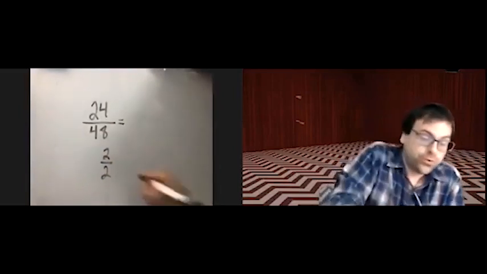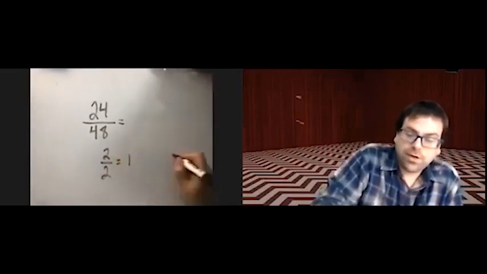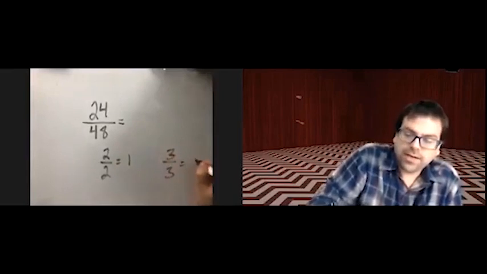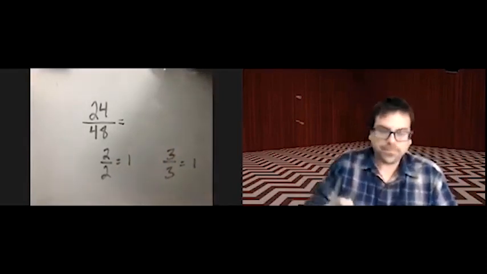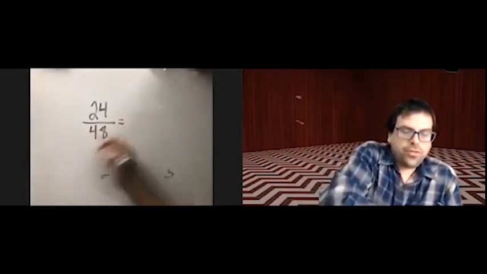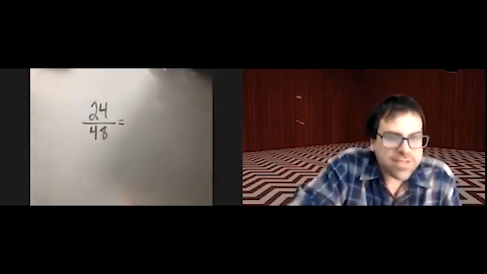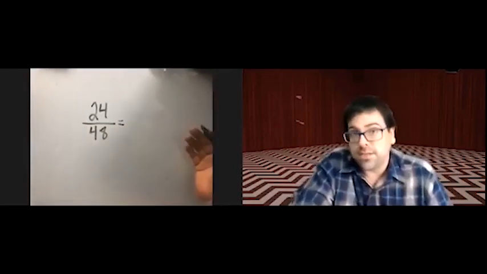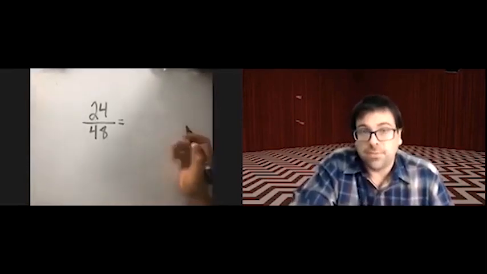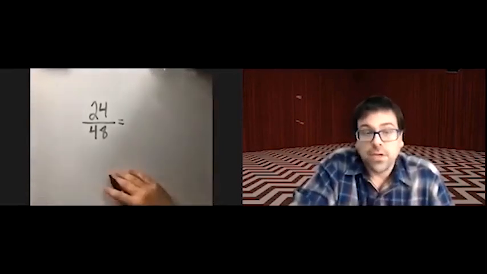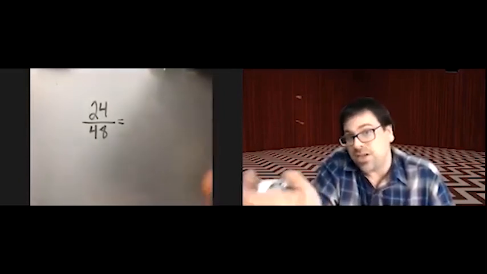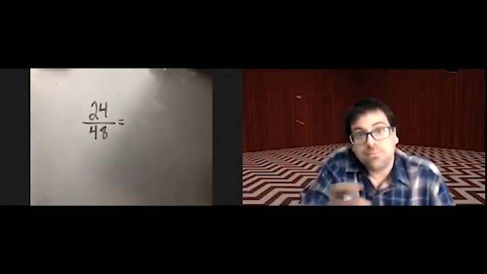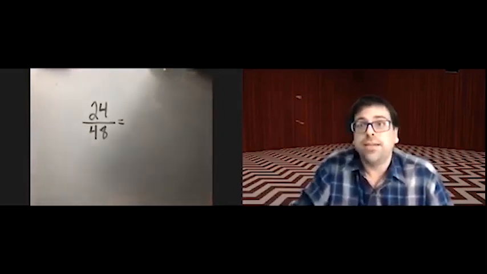So 2 over 2 equals 1. 3 over 3 equals 1. The rule for multiplying fractions is going to be that we just multiply across the top and multiply across the bottom. It's quite simple. Addition, subtraction, division, not so simple. But multiplication itself we can deal with.